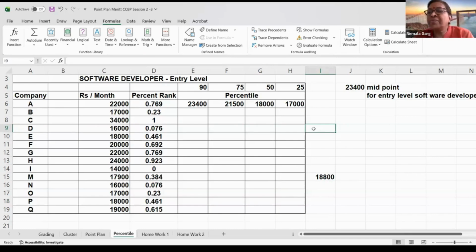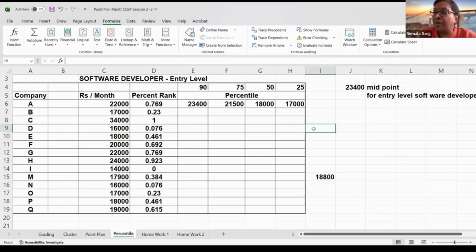What is my pay policy for entry level people? I'm saying I want to pay at the 90th percentile. Please hear my statement: I want to pay at the 90th percentile. What is that? It is my positioning with the market.